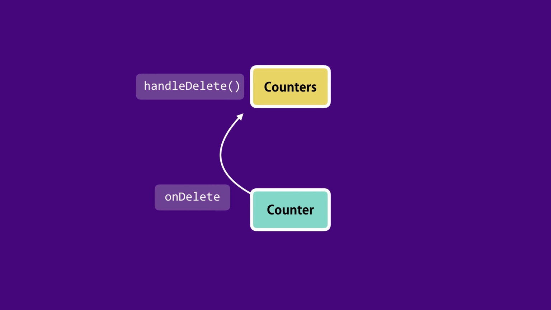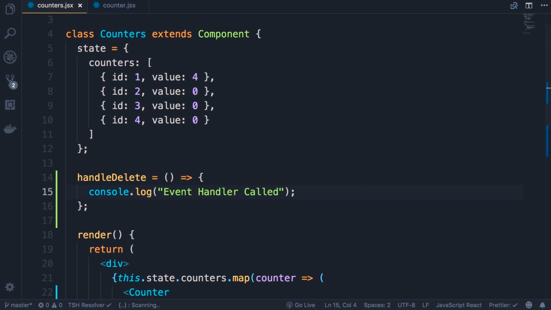This is a very common pattern that you see in a lot of real-world applications. And you're going to see several more examples of this throughout the course. But we are not done yet, because in our handleDelete method, we're simply doing a console.log. Here we need to update the state, and that's what we're going to do next.